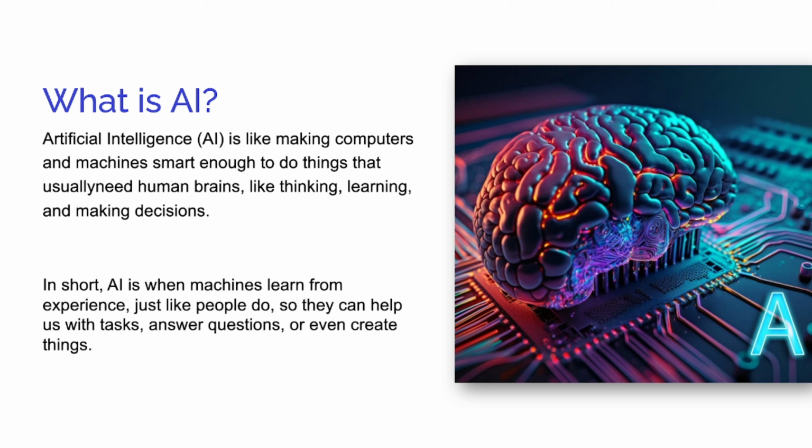Now let me give you a brief history about AI. The first time that we got to learn about machines doing what a human will do, it's far back during the Nazi Germany war. The Nazis had this machine called the Enigma.